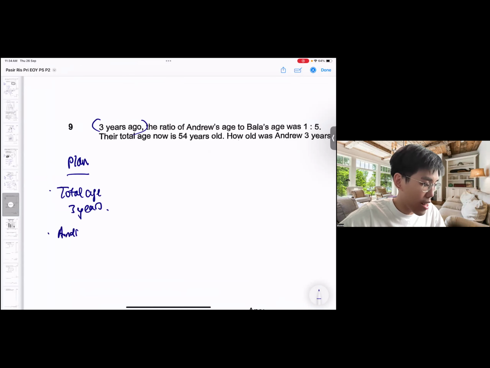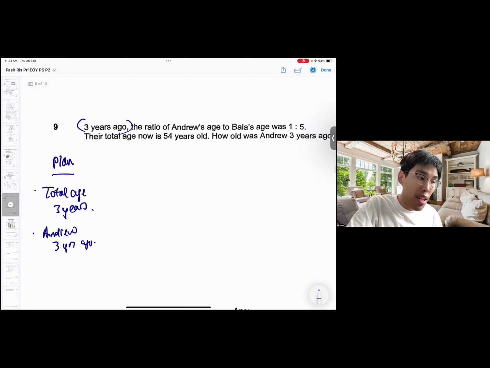It's actually a 2-step plan. Andrew 3 years ago. Okay, first of all, the total age now is 54. I say again, now is 54. 3 years ago, let's say me and you watching the video, both of us add together 54. 3 years ago, you minus 3. I also minus 3. Therefore, our total age will minus by 6.